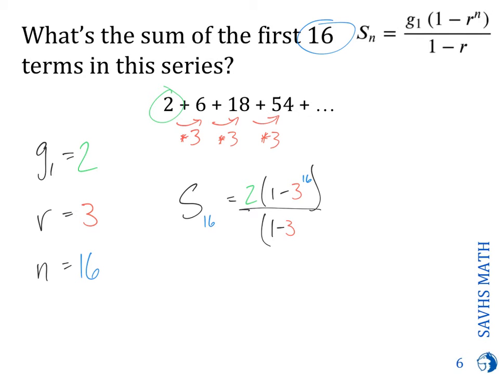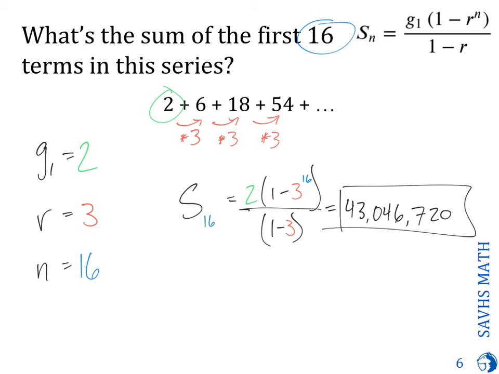And so then I'm going to put that in parentheses. Okay, again, just plug that whole thing into your Chromebook calculator or your Desmos calculator or whatever you're comfortable using. If you're using your phone calculator, you do have to be really careful here. When I did that, I got 43,046,720. There's my answer.